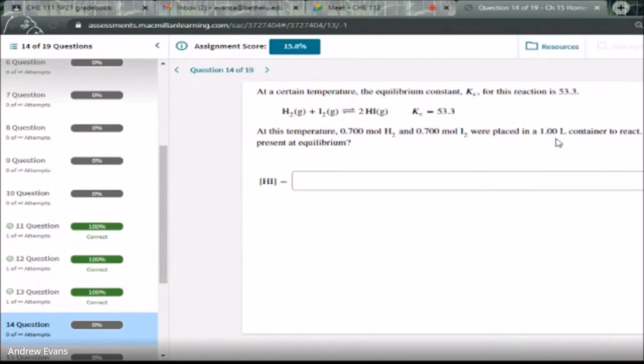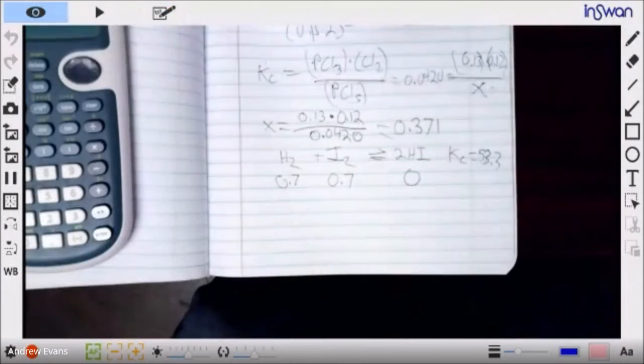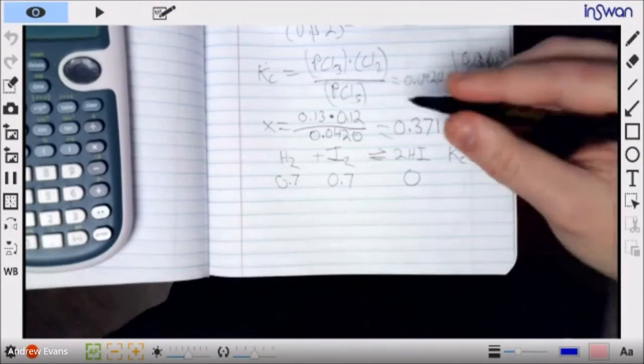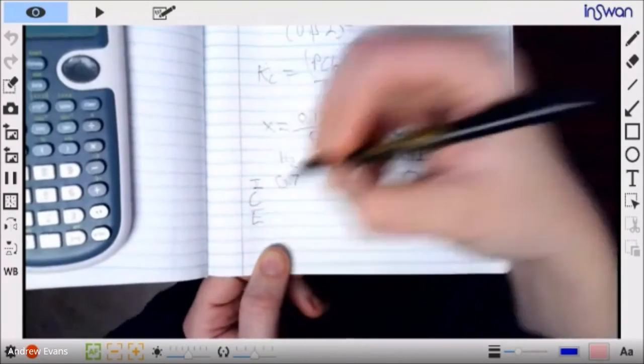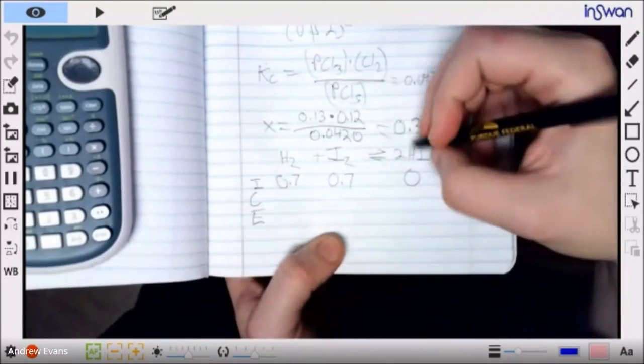I'm setting this up, and K is 53.3. And this may look like a really doozy of a problem. And if you do not see what I am going to show you, this would be a really doozy of a problem. However, this is actually an ingenious problem because of how it's set up.